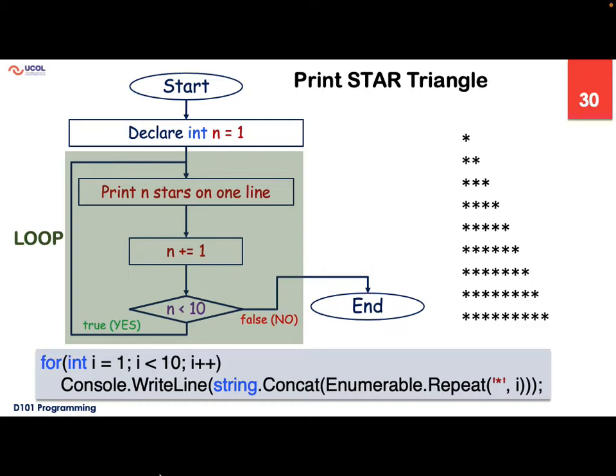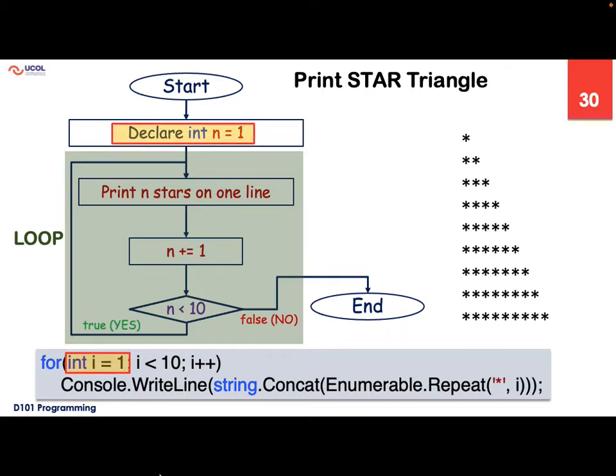You know, in the while loop, you need to initialize that variable first. We are doing the same thing here, but it is part of that particular specific structure itself. So that is a more compact way to write things.